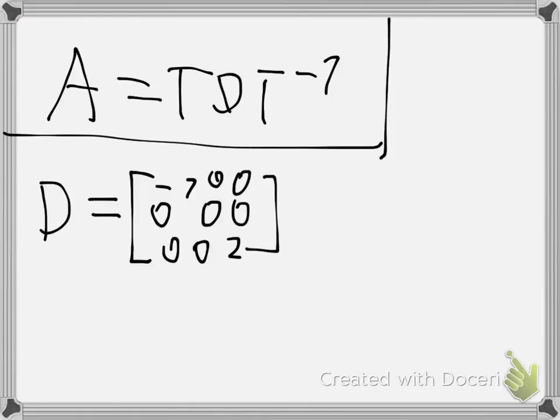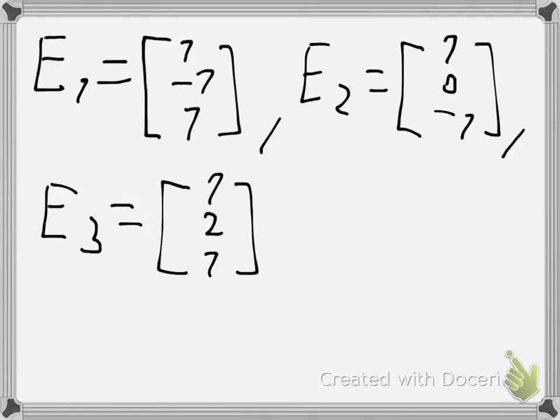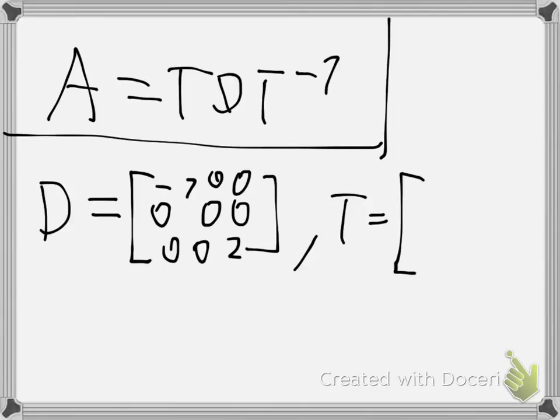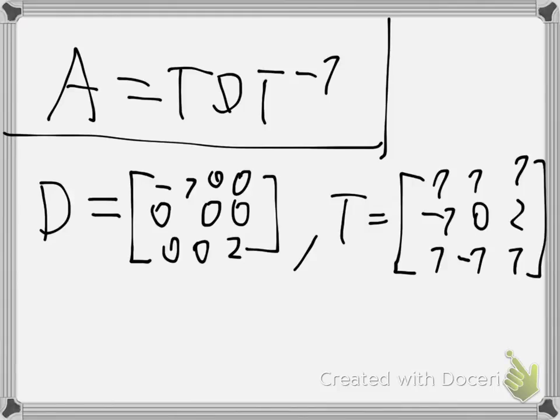And T will be the eigenvectors associated to these eigenvalues, so it will be 1, negative 1, 1, 1, 0, negative 1, 1, 2, 1.